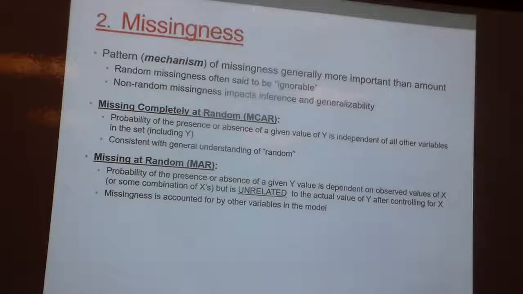And so under MAR, those individuals who have lower blood pressure levels at the start, lower blood pressures in January, are associated with missingness in February. And because missingness in February is a direct function of the value of scores that we had in January, we would say that these data are MAR, right?